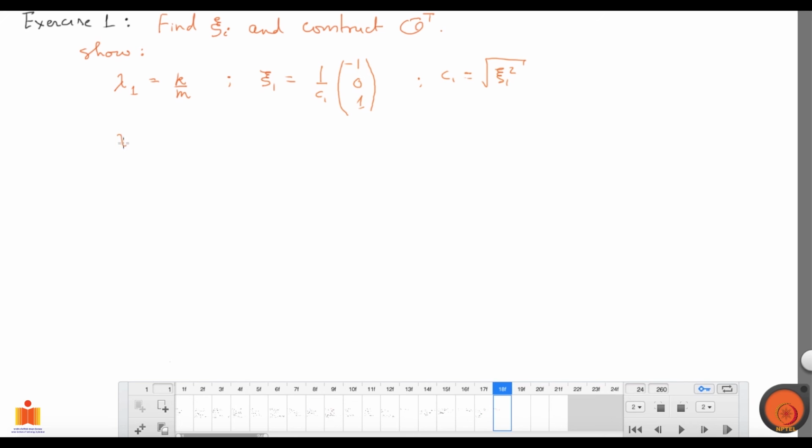And also please find the eigenvector corresponding to this eigenvalue, which I am writing now. These are the ones which we found earlier, right? So just find xi2. Again you have to normalize, so I am dividing by 1 over c2, which you should find. And you'll find when you calculate the eigenvector, this is -2 small m over capital M, and square root.